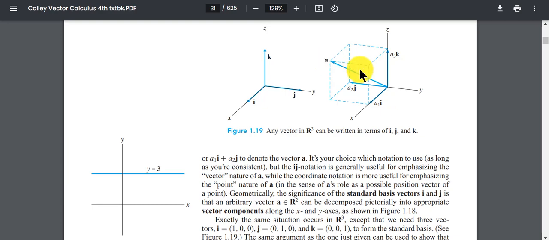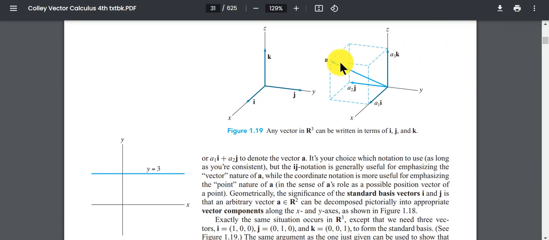So this vector can be written as the sum of some multiple of i plus some multiple of j plus some multiple of k. And the multiples, the things that are multiplying it, are precisely the coordinates of A.